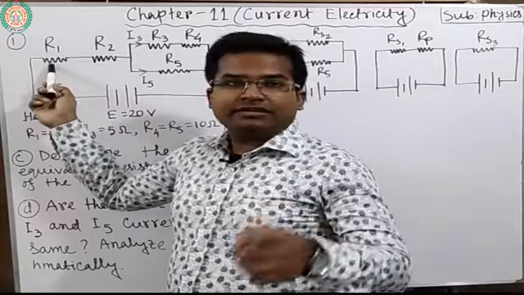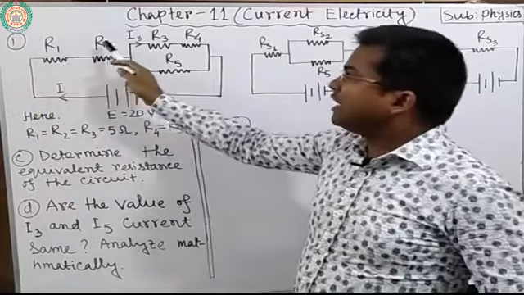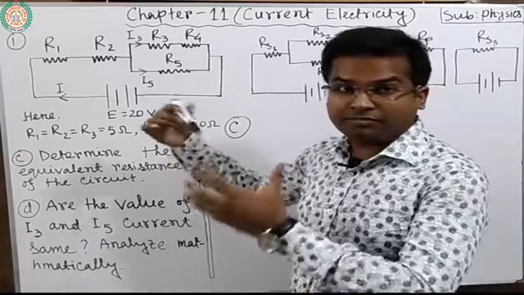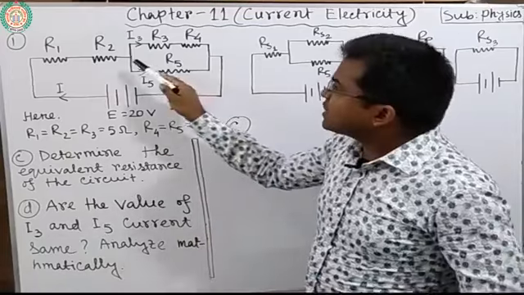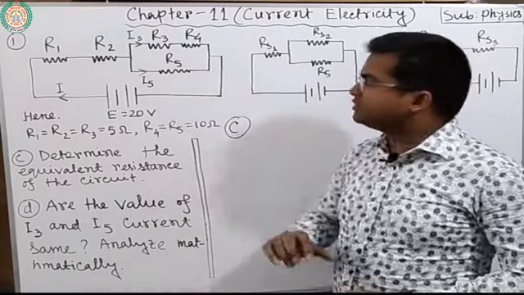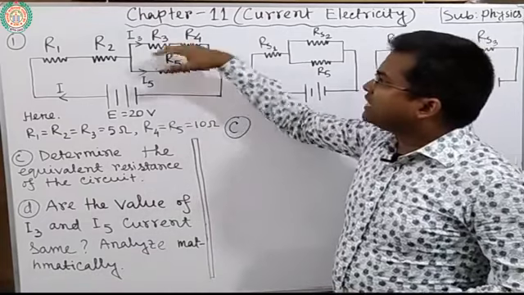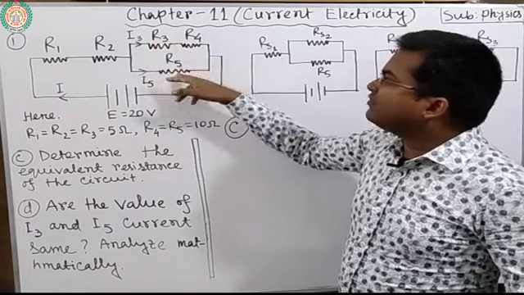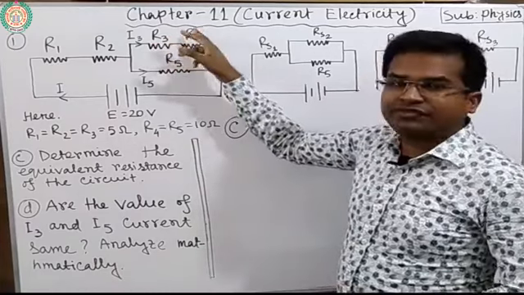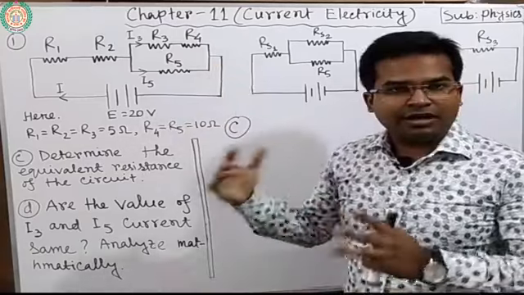You are seeing that the R1 and R2 resistances are a series combination, and in this case R3 and R4 are also in series, and that combination is in parallel with R5.